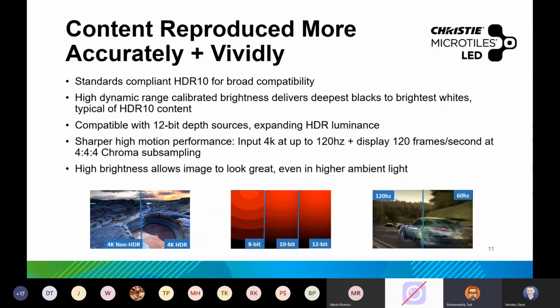Again, we can interface with the best-in-class Pro AV sources up to 4K UHD input, 12-bit, 120 hertz, up to 444 chroma subsampling. I'll explain this in a little bit, but it's outstanding. And then the super high brightness allows you to have great visuals, even in high ambient light situations like atriums, maybe boardrooms, or other locations, lobbies that have floor-to-ceiling windows. Let's go to the next slide.